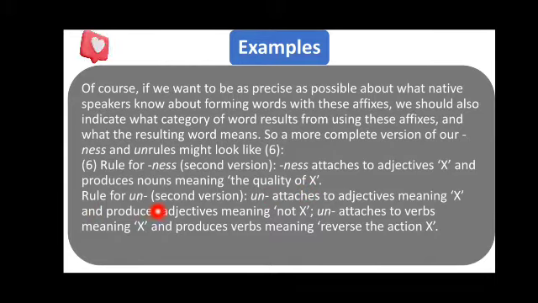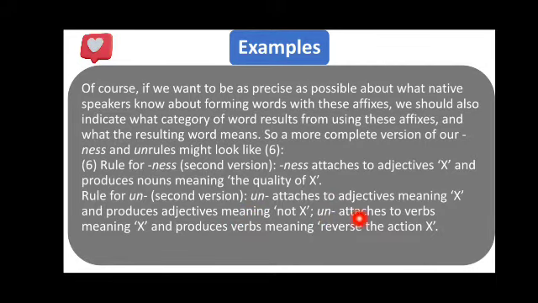Rule for un, second version. Un attaches to an adjective meaning x and produces an adjective meaning not x. So the same adjective remains an adjective. For example, we have happy and unhappy. Happy is also an adjective and unhappy is also an adjective. But when we add un, it means not happy.